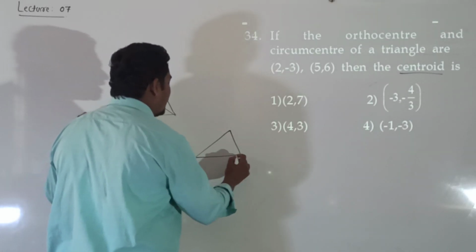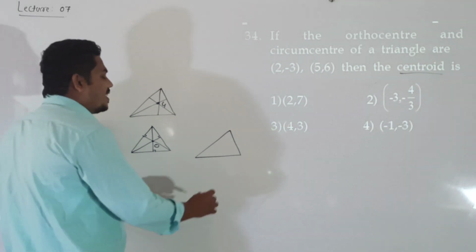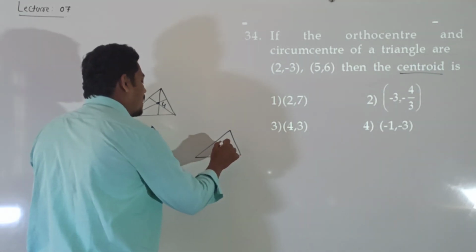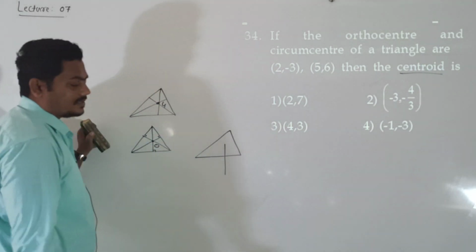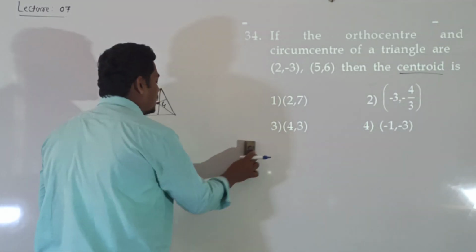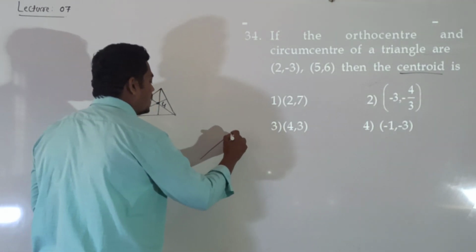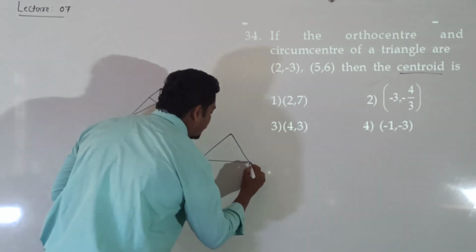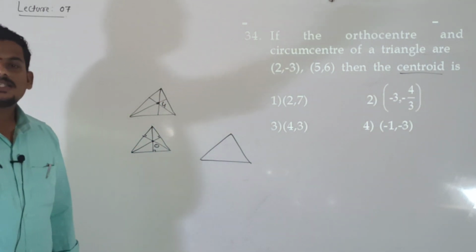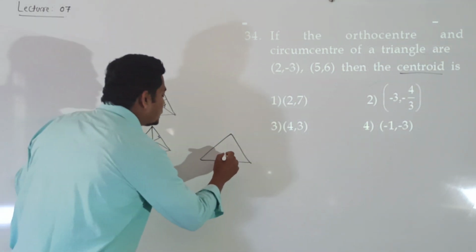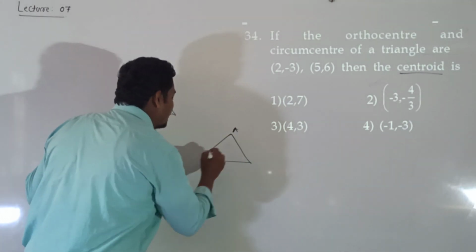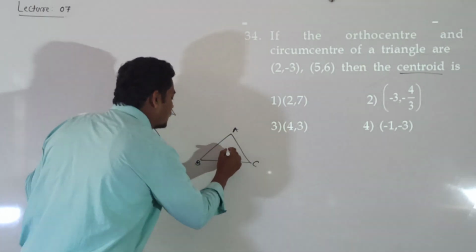What is the definition of circumcenter? Circumcenter of the triangle is the point of intersection of perpendicular side bisectors. Consider one triangle ABC.